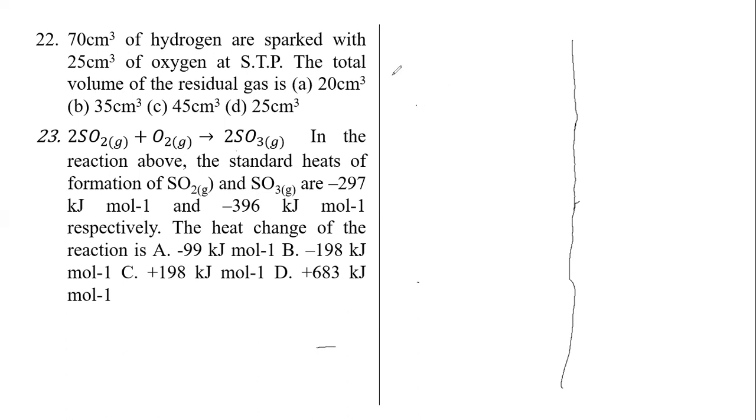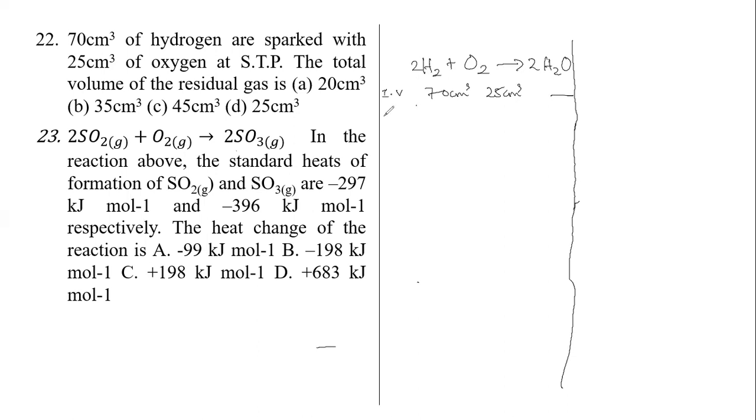Okay. Now, what you first do is to write the balanced equation of reaction. Then the next thing you are going to write is the initial volume. So for the initial volume, you are given 70 cm cube of hydrogen, and 25 cm cube of oxygen. Here you are not given any volume.